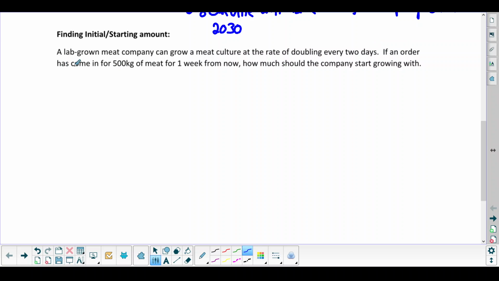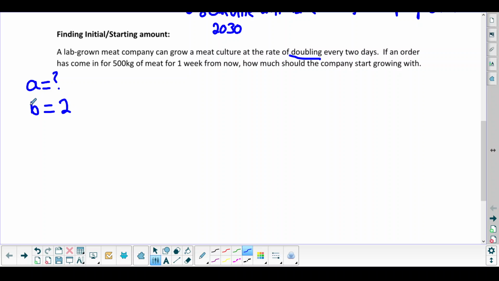If an order has come in for 500 kilograms of meat for 1 week from now, how much should the company start growing with? So it's asking for the starting amount and telling us the ending amount. So in this situation, we don't know the initial amount. That's our question mark. We do know how it's growing. It says it's doubling.